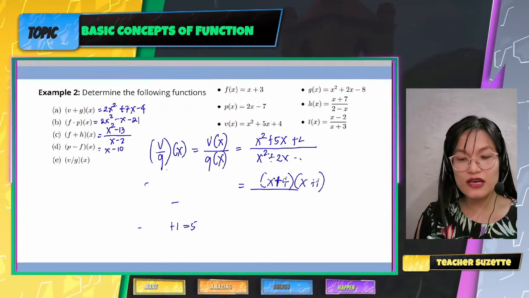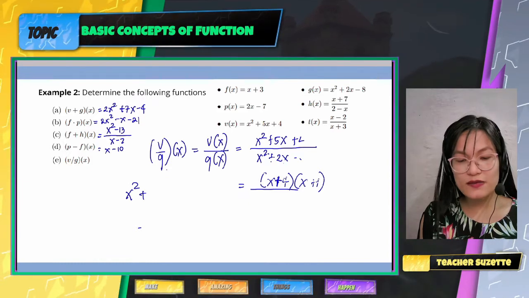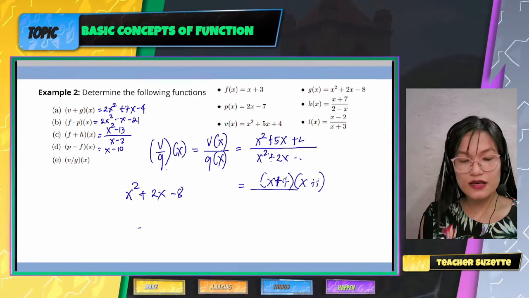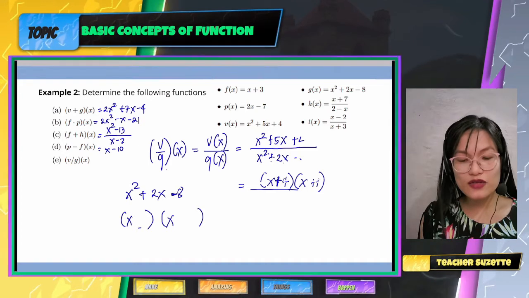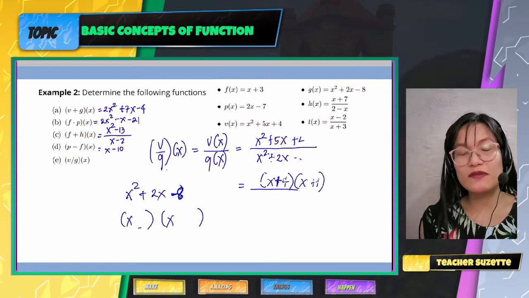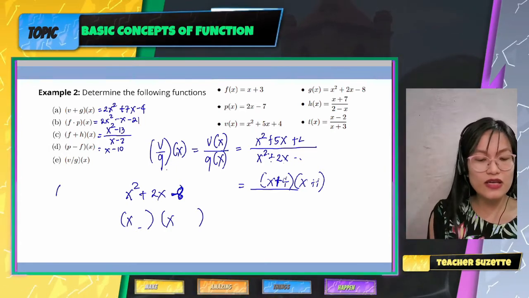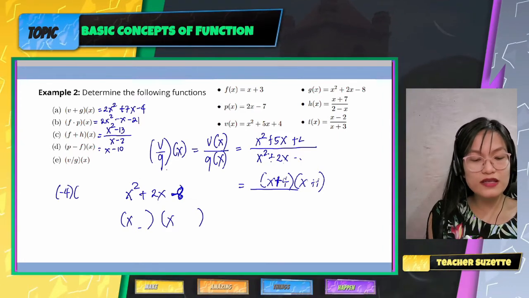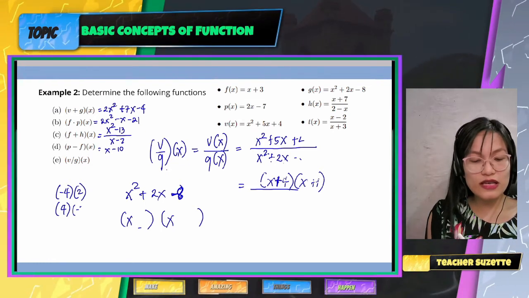Next, let's have our denominator. Let's factor x squared plus 2x minus 8. The same rule applies. We have x, then what factors, when you multiply, the answer is negative 8, but when you add, the answer is positive 2. So, for negative 8, we can have negative 4 and positive 2, or positive 4 and negative 2 when you multiply. So, this will all lead to negative 8.